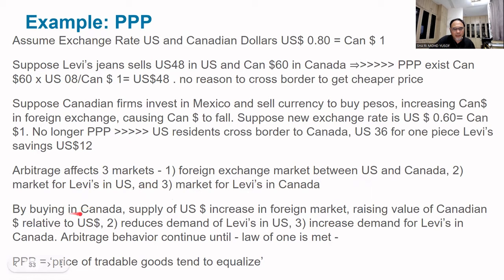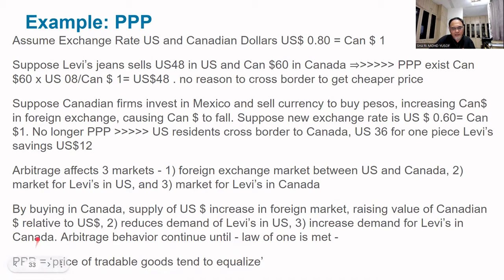By buying in Canada, the supply of US dollars increases in the foreign market, raising the value of Canadian dollars relative to US dollars. This will reduce demand for Levi's in the US and increase demand for Levi's in Canada. This arbitrage behavior will continue until the law of one price is met again.